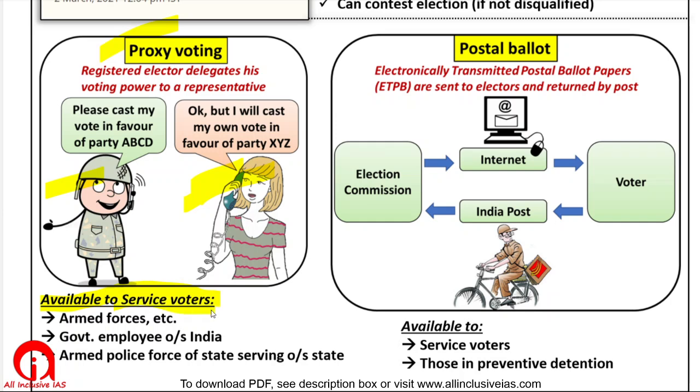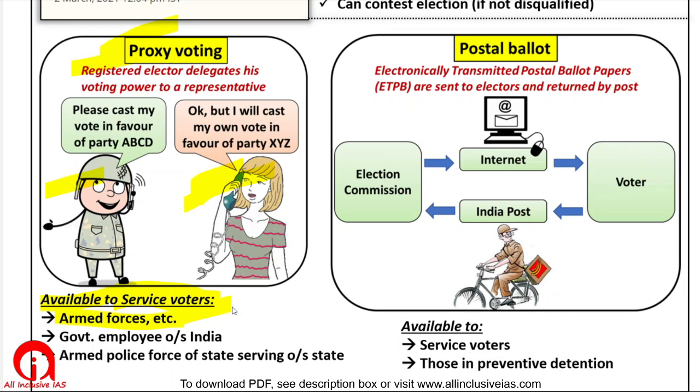Service voter means members of the armed forces. Basically, the concept is that members of any organization to which the Army Act 1950 applies are called service voters. They can use this proxy voting method.